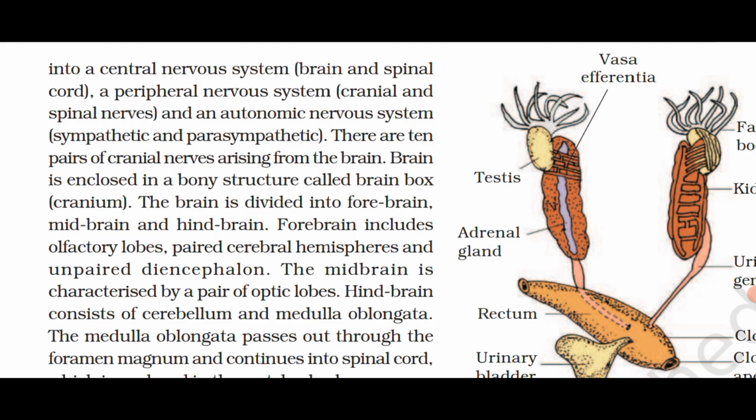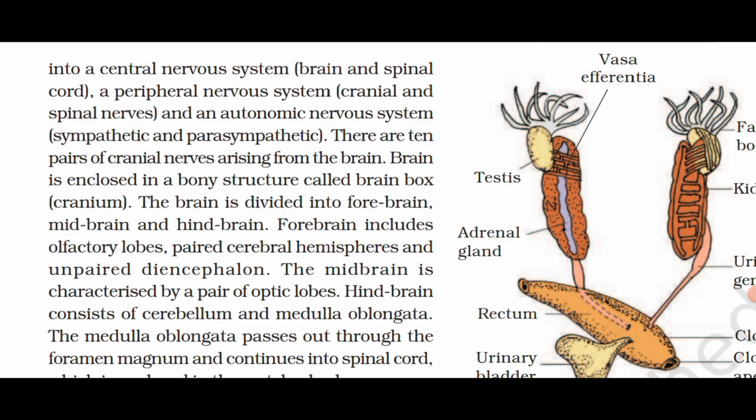The brain is enclosed in a bony structure called brain box, cranium. The brain is divided into forebrain, midbrain, and hindbrain. Forebrain includes olfactory lobes, paired cerebral hemispheres, and unpaired diencephalon.